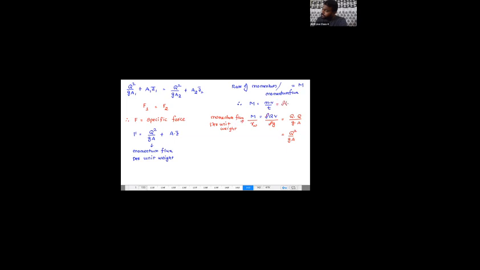This is nothing but rho Q V. So what is rate of momentum or momentum flux? Capital M. And what is capital M? Small m into V, which is nothing but momentum per unit time. Momentum means mass into velocity, and mass into velocity by time means rate of momentum or momentum flux.